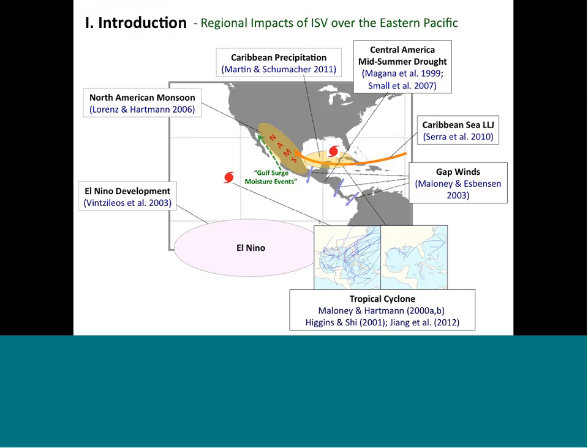So as we know, the intra-seasonal variability of the Eastern Pacific exerts significant influence on regional climate or weather systems, including the tropical cyclone activity, the North American monsoon, also the Caribbean Sea, the precipitation low-level jet, as well as the gap winds over Central America, possibly the El Nino. So I will not emphasize more on this. Next, please, Dan.